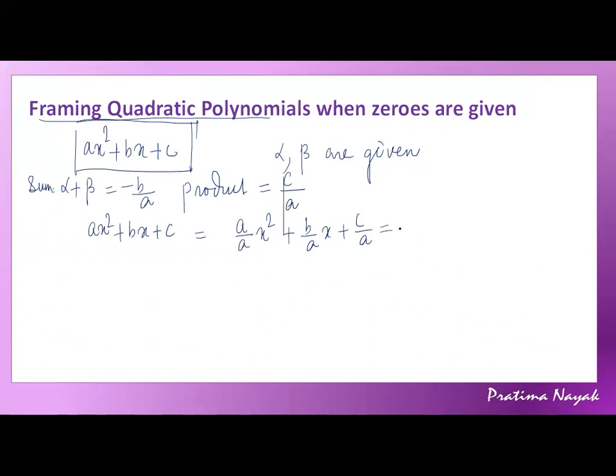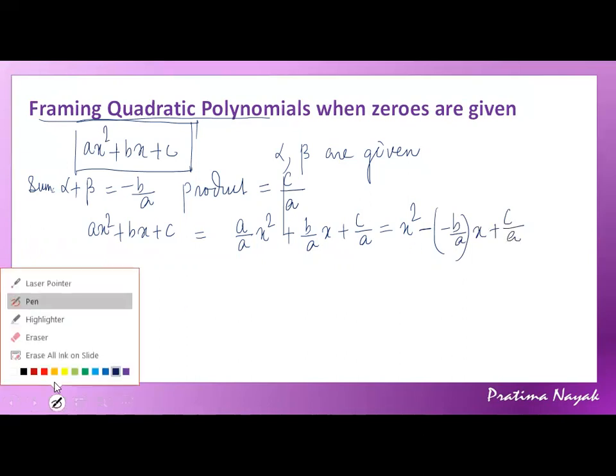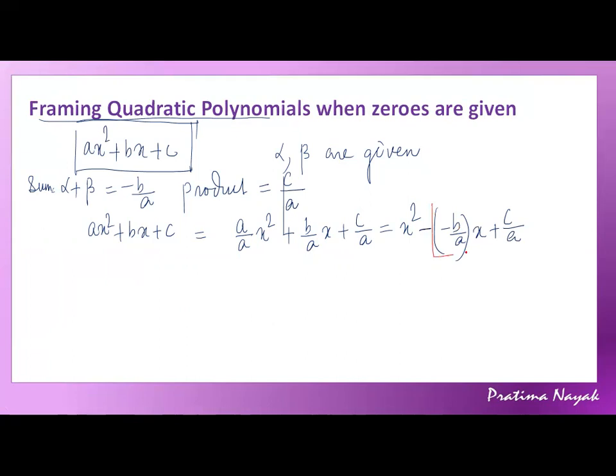Then it will be x square, taking minus common to get the sum here, plus c by a. Now if we observe it, this is nothing but the sum of the zeros and this is the product of the zeros. So a quadratic polynomial is written as x square minus (sum of zeros) into x plus product of zeros.